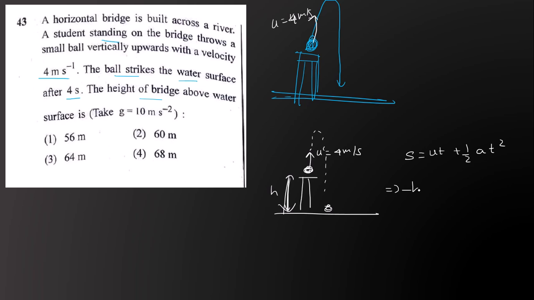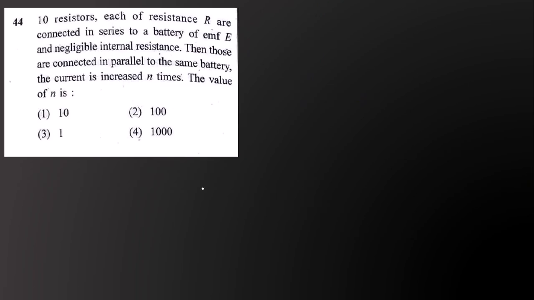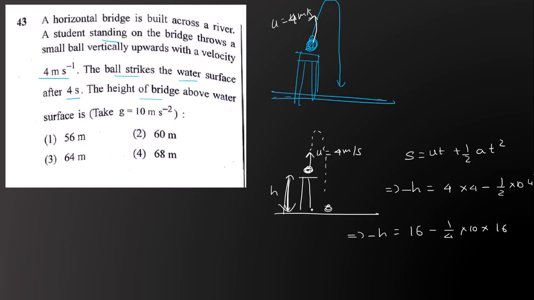So displacement is minus, velocity 4, time given to be 4, acceleration due to gravity is always minus because it is downwards, so this is 4 square, minus, so this is 16, 10 into 16, minus 4, 16, and this becomes equal to 40.